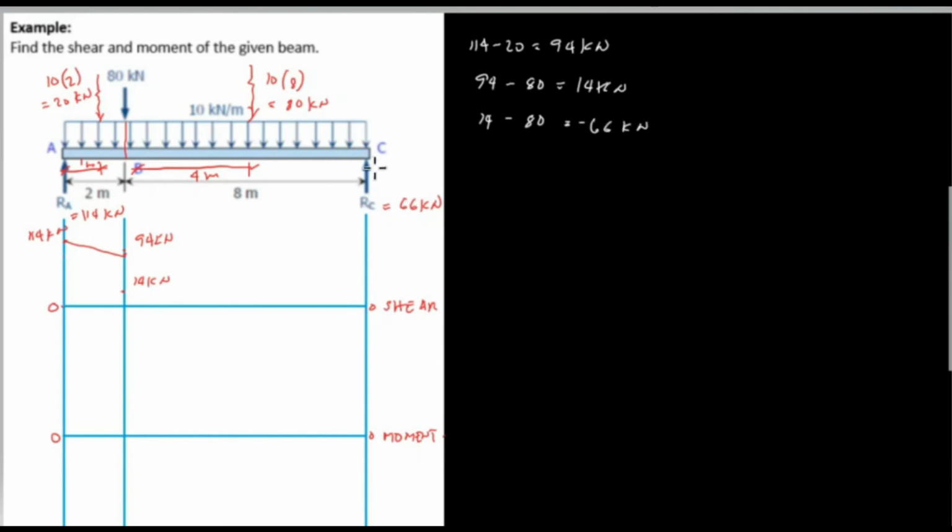And it will be at point C. So the destination is point C, and this is the value for C. And designate this as negative 66 kilonewton. We connect the point from B to C from 14 kilonewton to negative 66. So we form a line.